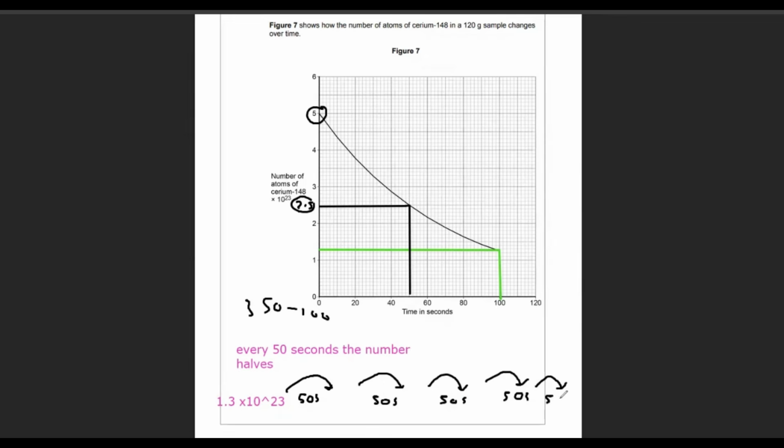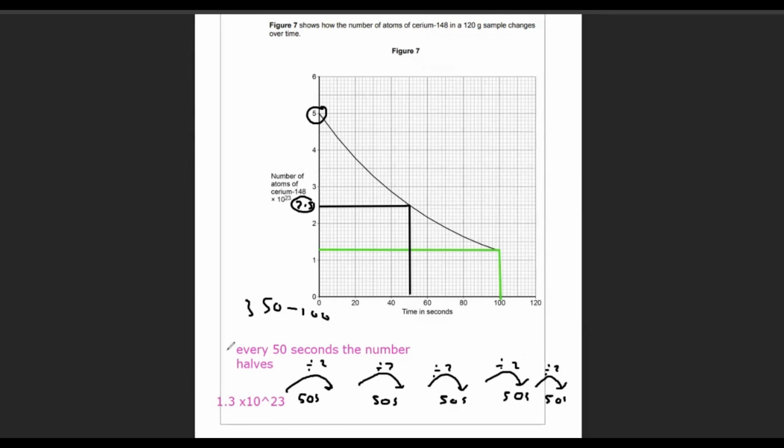Each time I do this, I've got to divide it by 2. So I need to divide by 2, divide by 2, divide by 2, and so on. You get it. Divide by 2 to the 5. So let's do that. 1.3 times 10 to the 23. Let's divide that by 2.